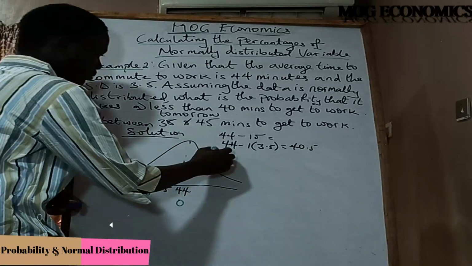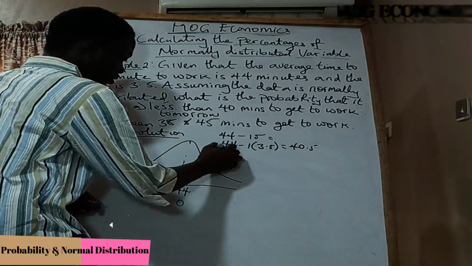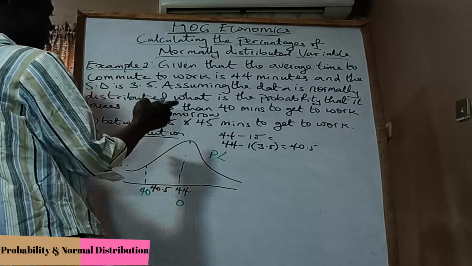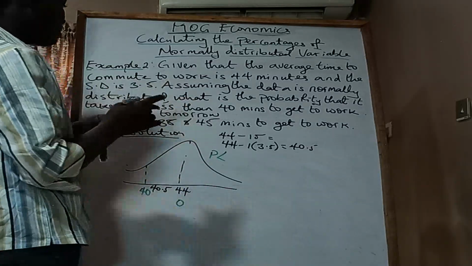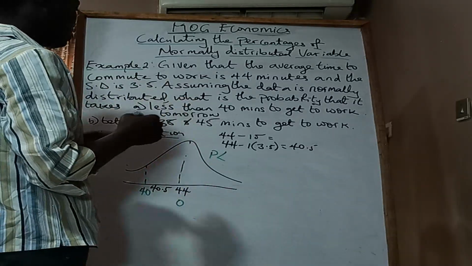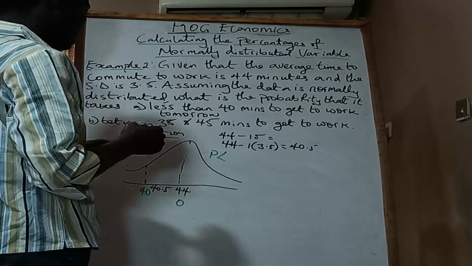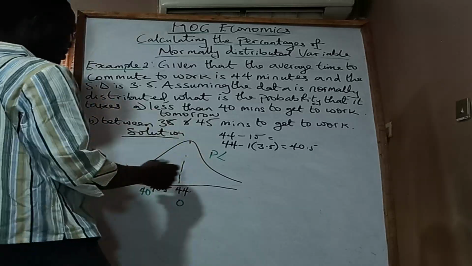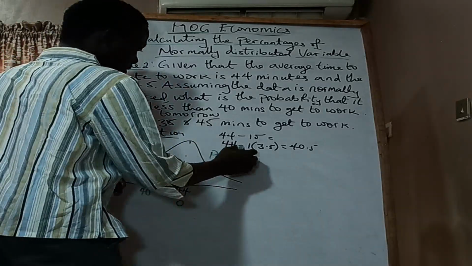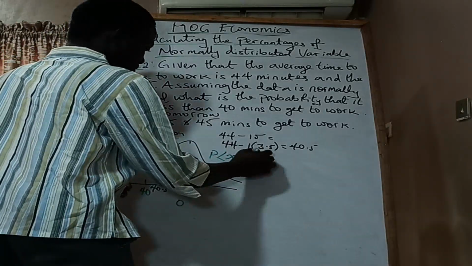The probability that we are looking for is the probability that the person gets to work in less than 40 minutes, so the probability that X is less than 40 minutes.